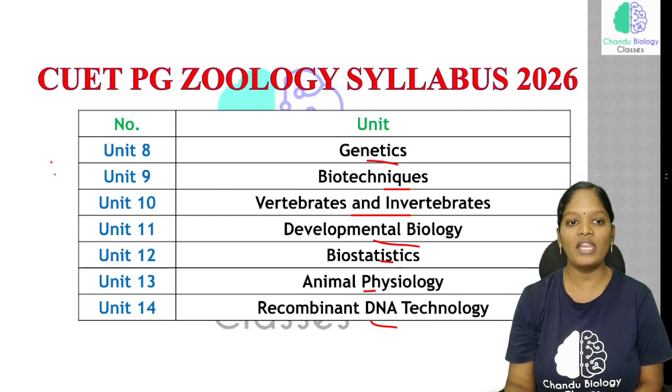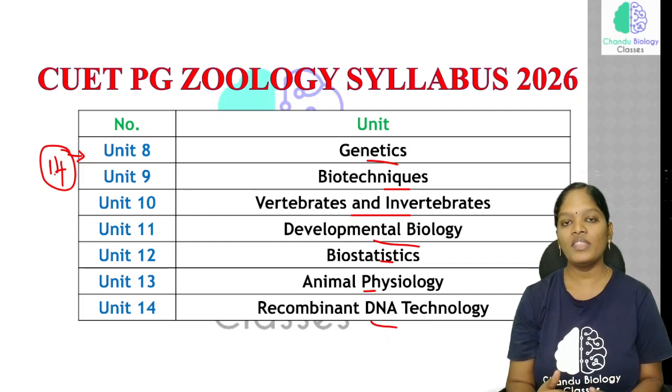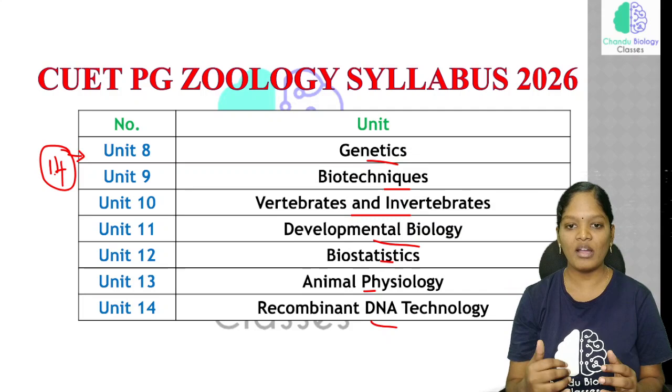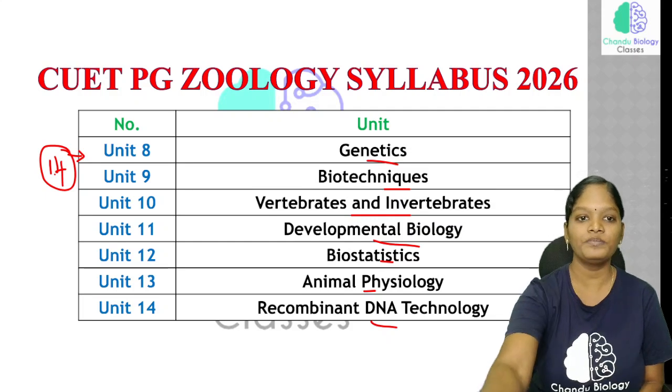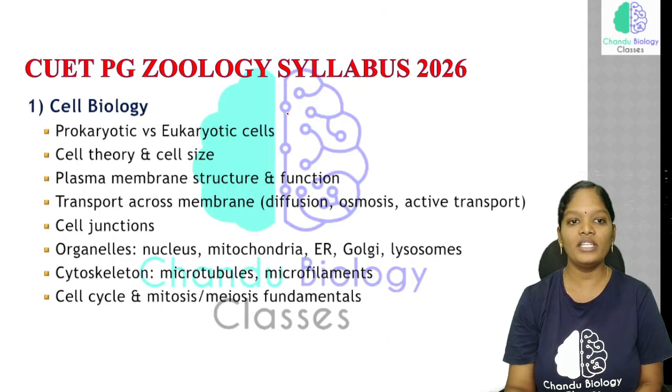So totally we have 14 units, and for each unit they have given only the title. Based on the PYQ analysis, I have come to a conclusion about in which unit, which subtopics, the questions have been frequent.